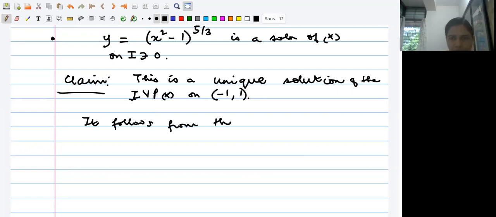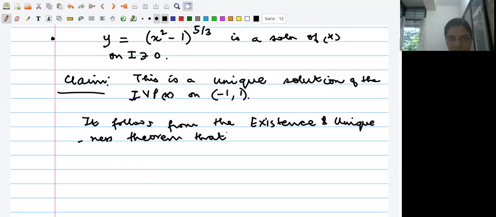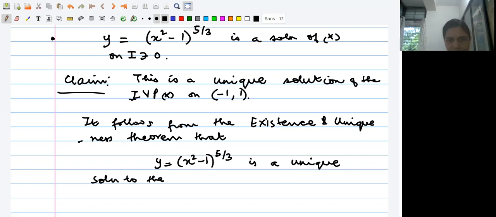So it follows from Picard's existence and uniqueness theorem that this is a unique solution to the given initial value problem on a certain interval around the point 0.